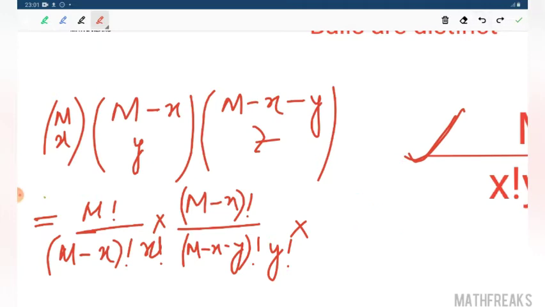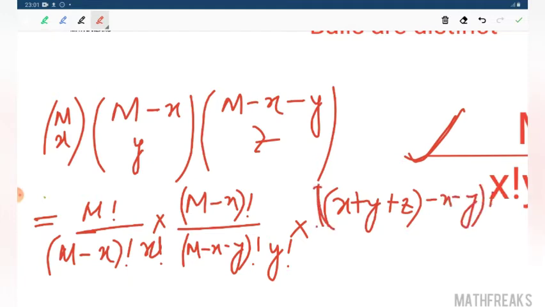M is X plus Y plus Z, so M minus X minus Y factorial is the value of M minus X minus Y factorial. So this and this cancel, and we are left with Z factorial.